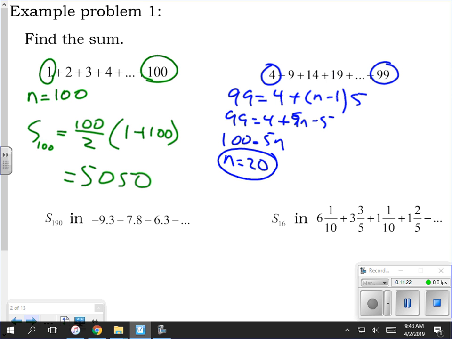We did do this last week. Plug it into the top formula, solve for how many there are to figure out how many terms are in the sequence. Now I have the three things I need to figure out the total: the number, the first, and the last.